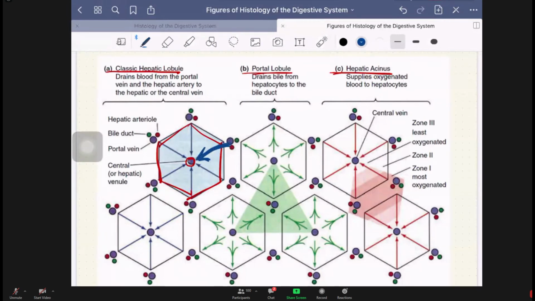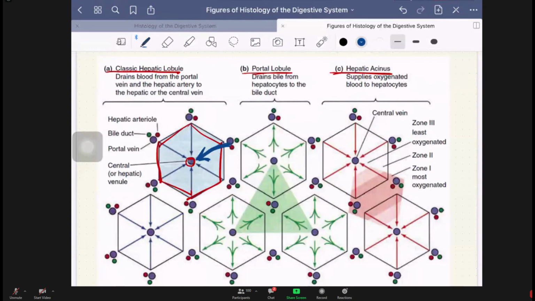So what is the function it serves by draining the blood from the hepatic artery and portal vein to the central vein? Why should blood be passed from the portal vein to the central vein? Sir, metabolism.